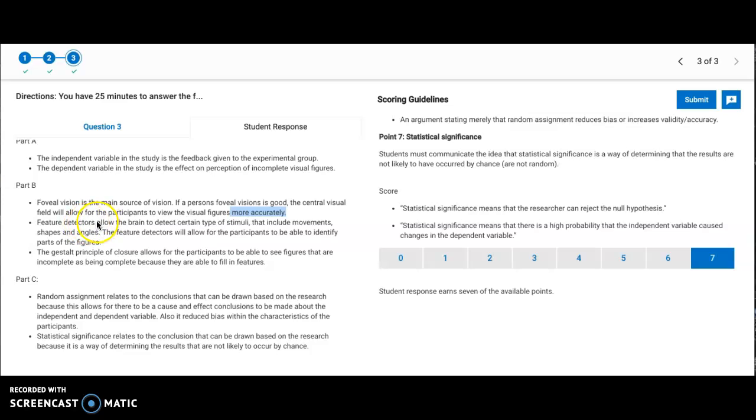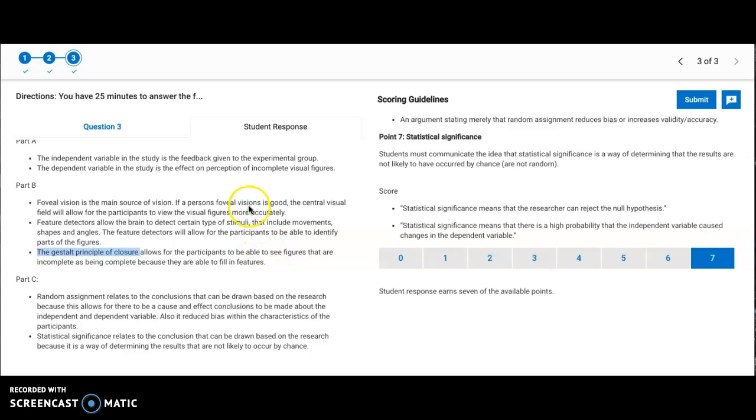Okay, feature detectors. These are all about sensing movement, angles, and shapes. Okay, so she said they allow the brain to detect certain types of stimuli that include movements, shapes, and angles. Good. The feature detectors will allow for the participants to be able to identify parts of the figure. Good. And the Gestalt principle of closure allows for participants to be able to see figures that are incomplete as being complete because they're able to fill in the features. Good.